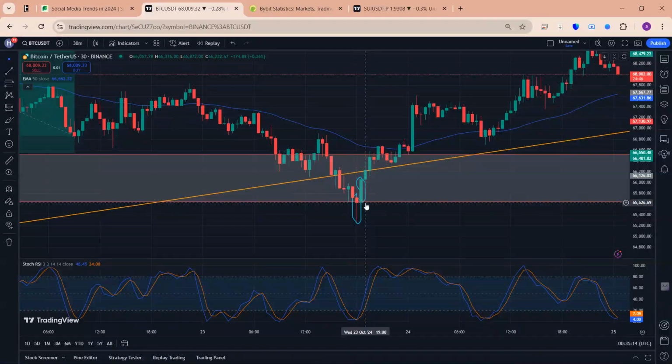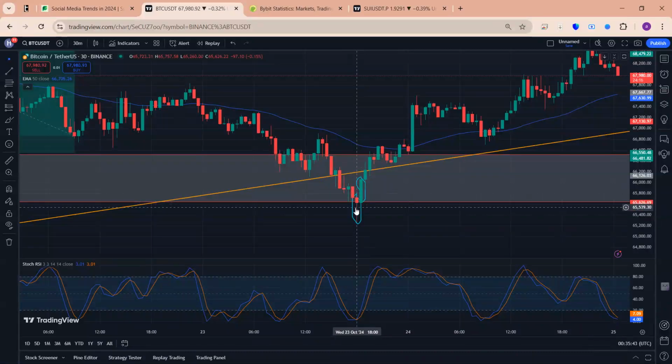But if I want to follow my rules, okay, so immediately I see my hammer candle here, what do I do? I wait for confirmation.